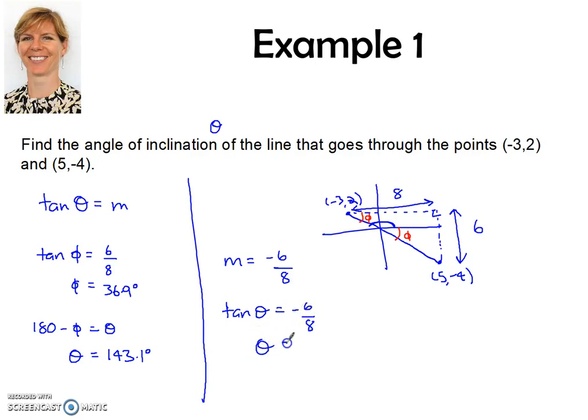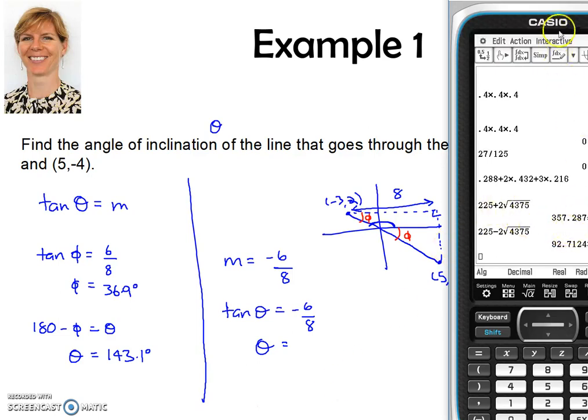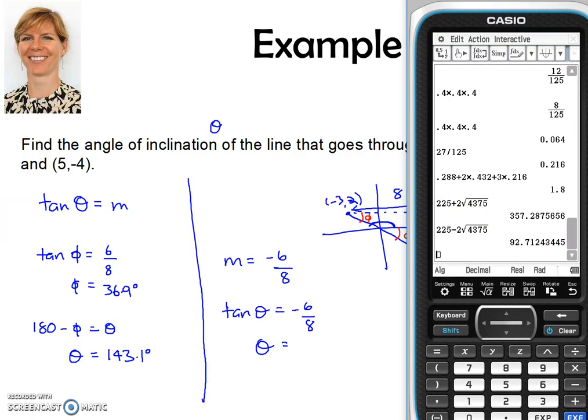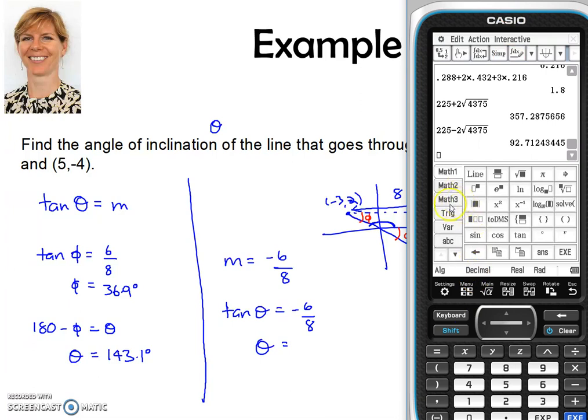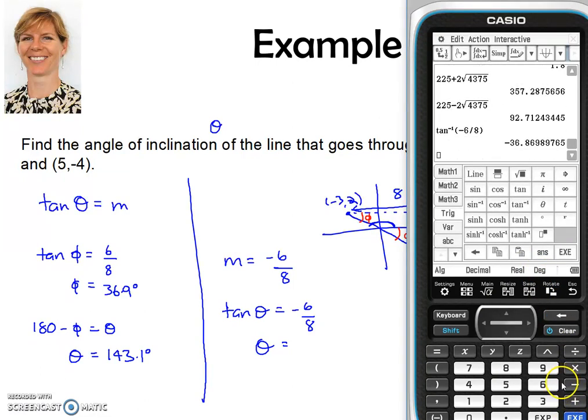So theta will be, and if we go over here, we want inverse tan of negative 6 over 8. Make sure we're in degrees. So that's going to give us a negative. Okay, fair enough.